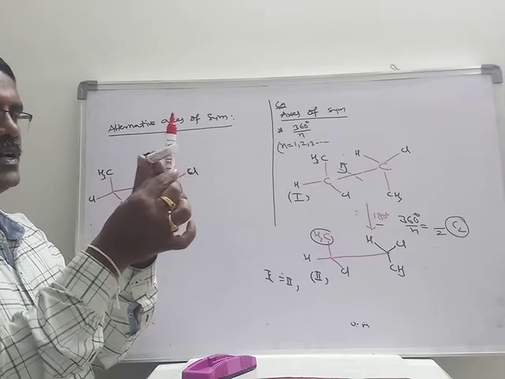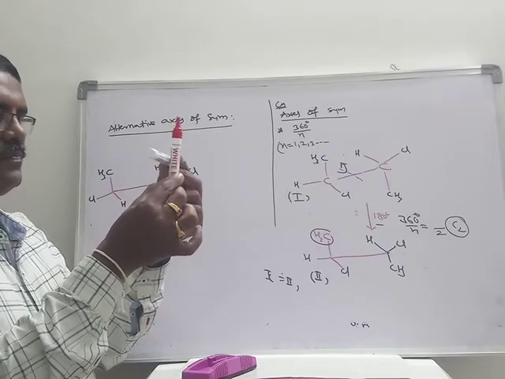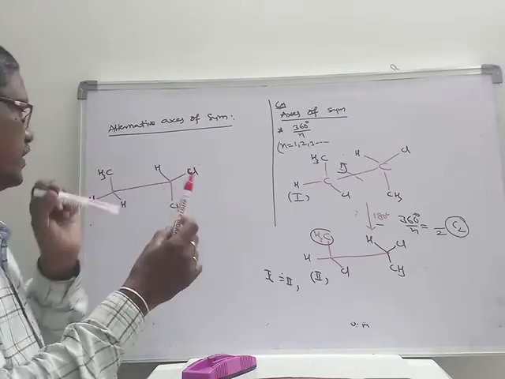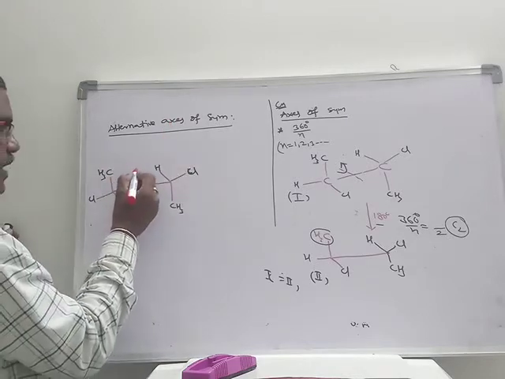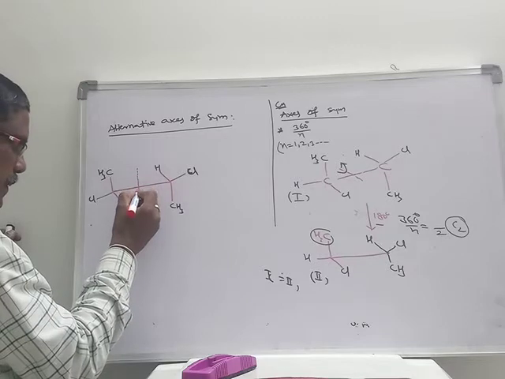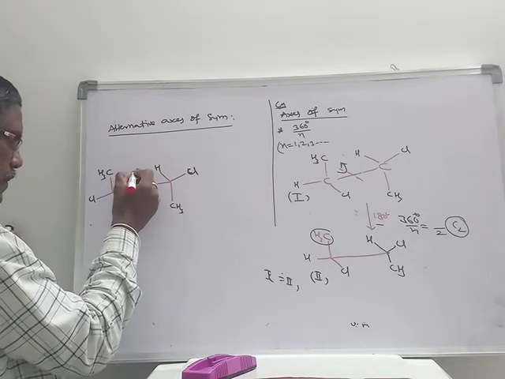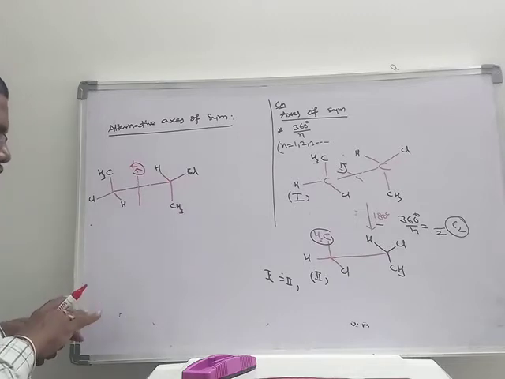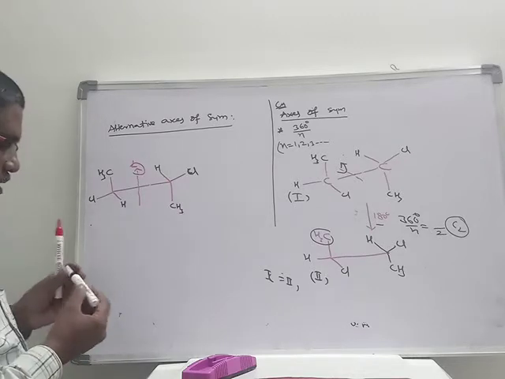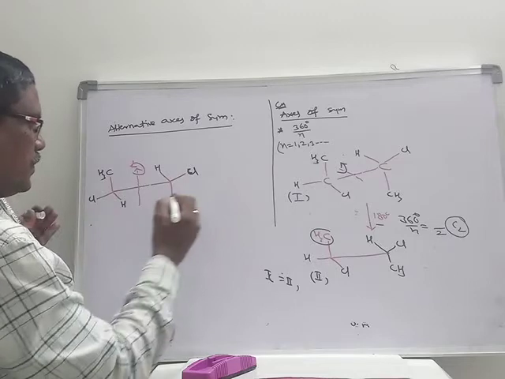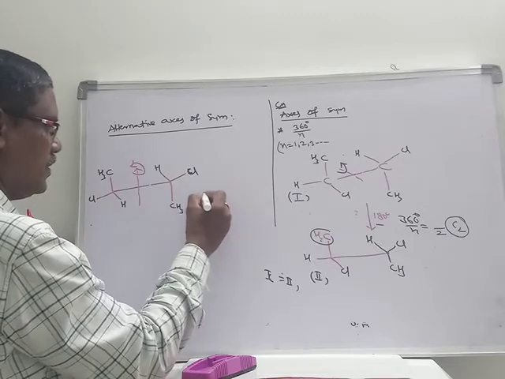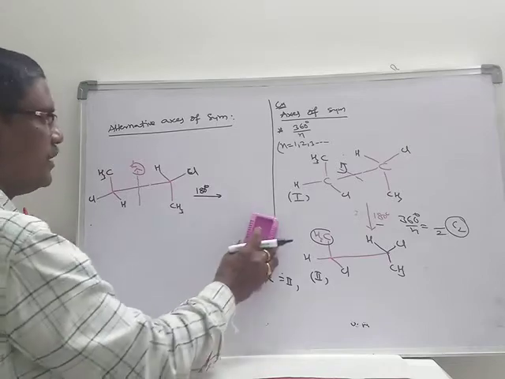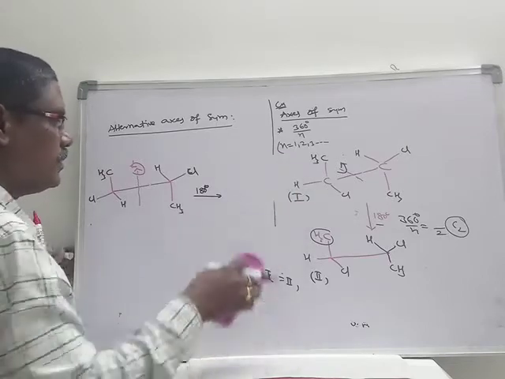When it is rotated from the left side towards the right side, this is the angle of rotation. This is the axis of rotation. What I obtain, the new structure, is this one. After the 180 degrees rotation, we obtain this structure.